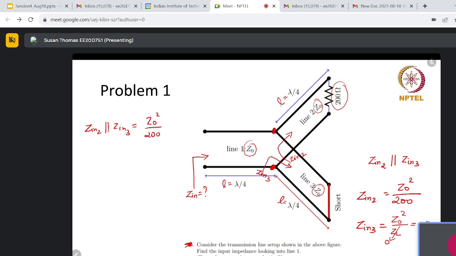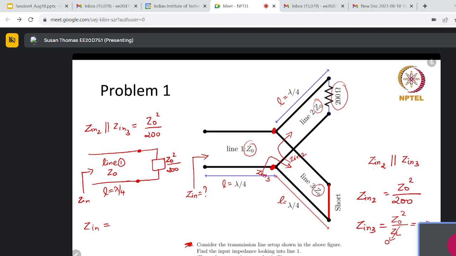Now, this line is going to reduce like this. This is my line 1 with the characteristic impedance Z naught, and at the end of this line you have Z naught square by 200. This length is lambda by 4. Now tell me what is Z in.